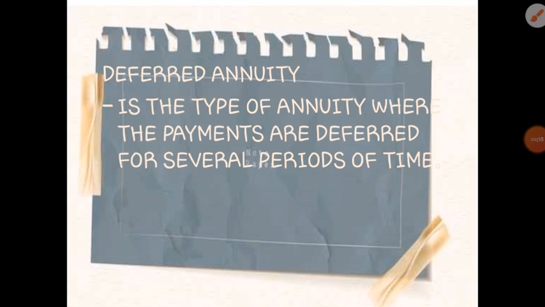This time, when deferred, you will not start at the beginning or end of the first period, but at another period, maybe after 2 years, 3 years, depending on the condition. This deferred formula is also based on the ordinary annuity.